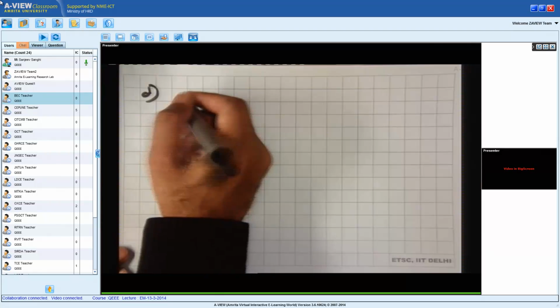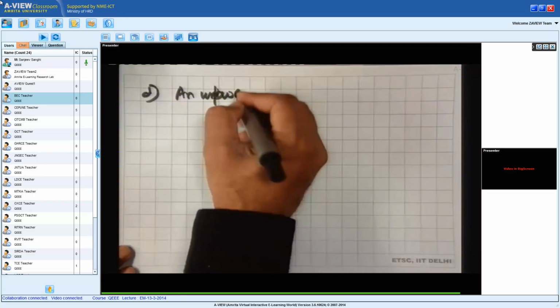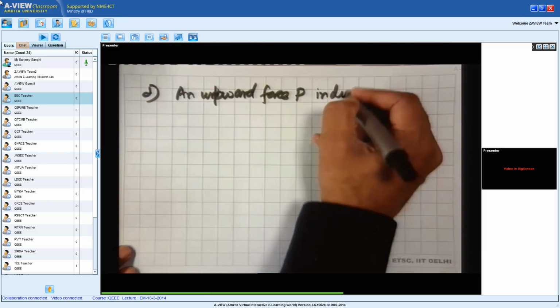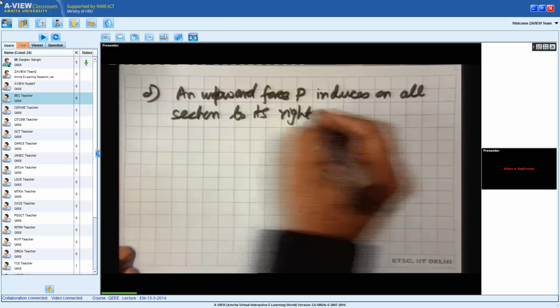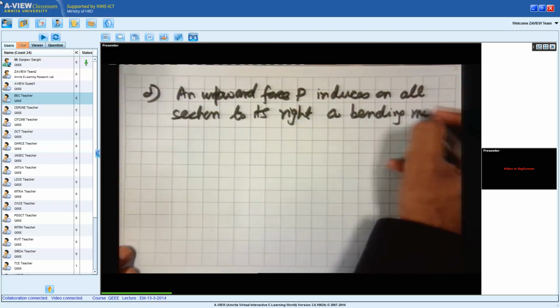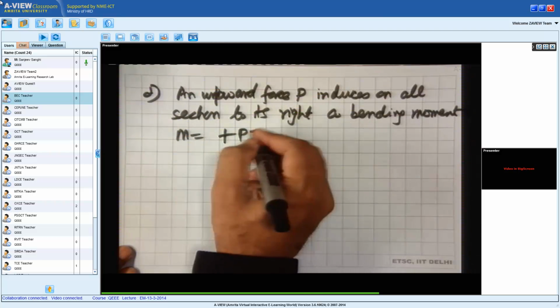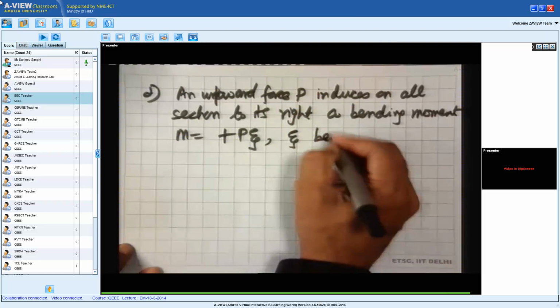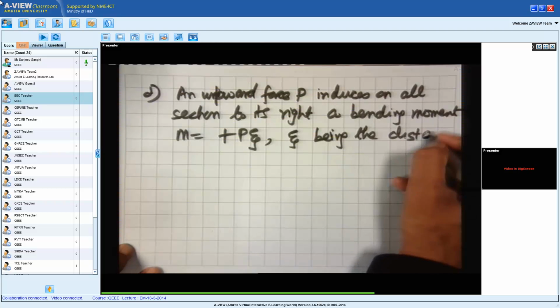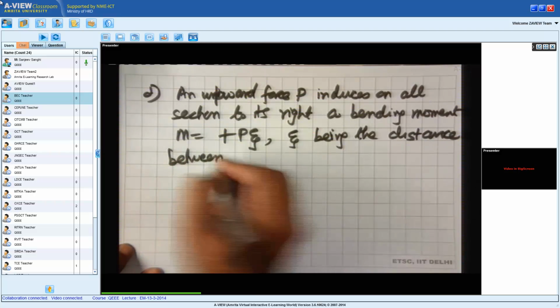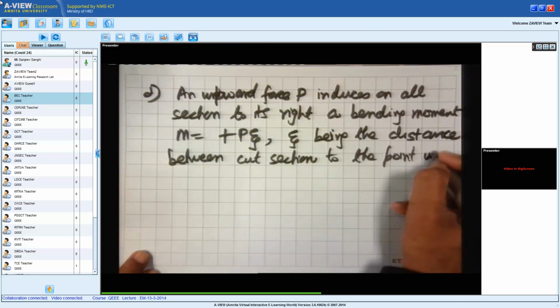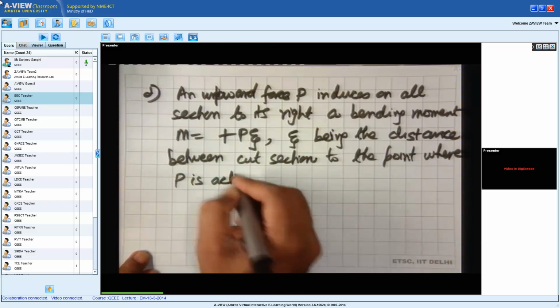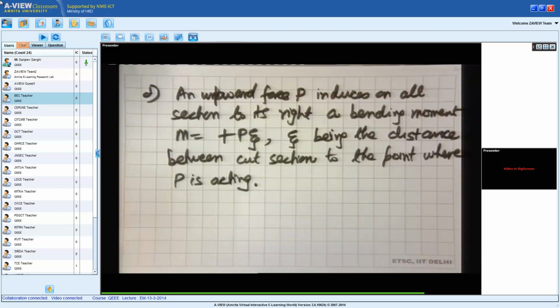The fourth rule, which is actually nothing but a repeat of this, says that an upward force P induces on all sections to its right a bending moment M is equal to plus P zeta, and once again zeta being the distance between the cut section to the point where P is acting. So this is what a point force does.